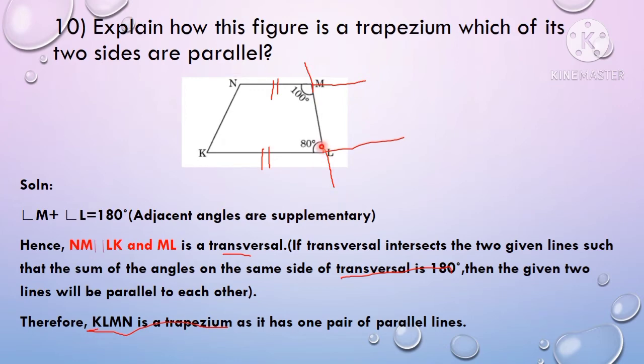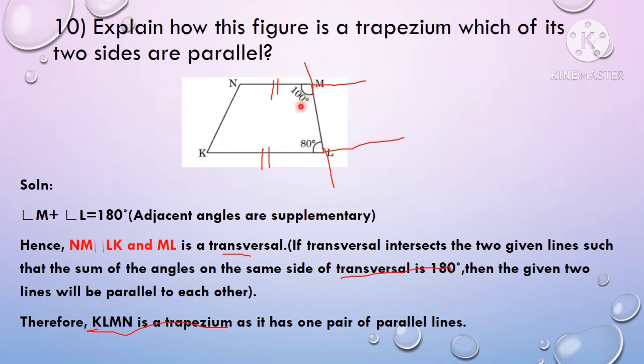So the angles formed here, angle L and M, are the two angles formed on the same side of the transversal. That's why we call these adjacent angles. On the same side of the transversal we have two angles. What are the two angles? Angle L and angle M. What are the measurements given? 100 degree and 80 degree.